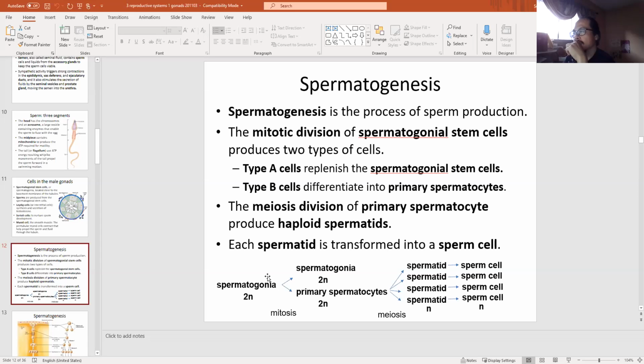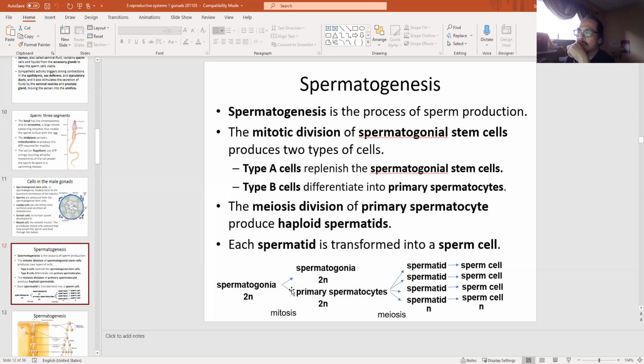These cells can divide continuously, and once they divide, one cell produces two identical daughter cells, identical to their mother cell. So the spermatogonia will produce spermatogonia.